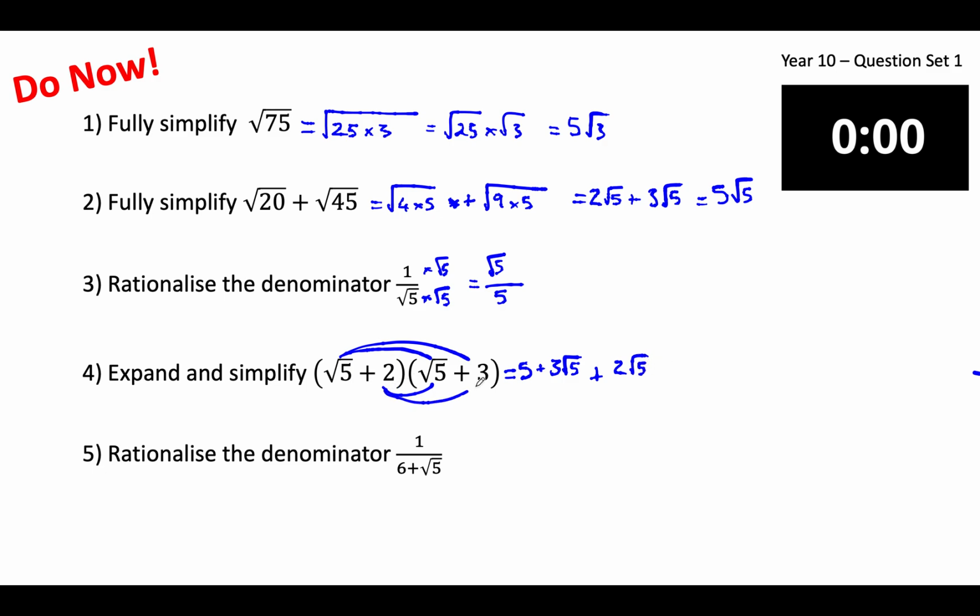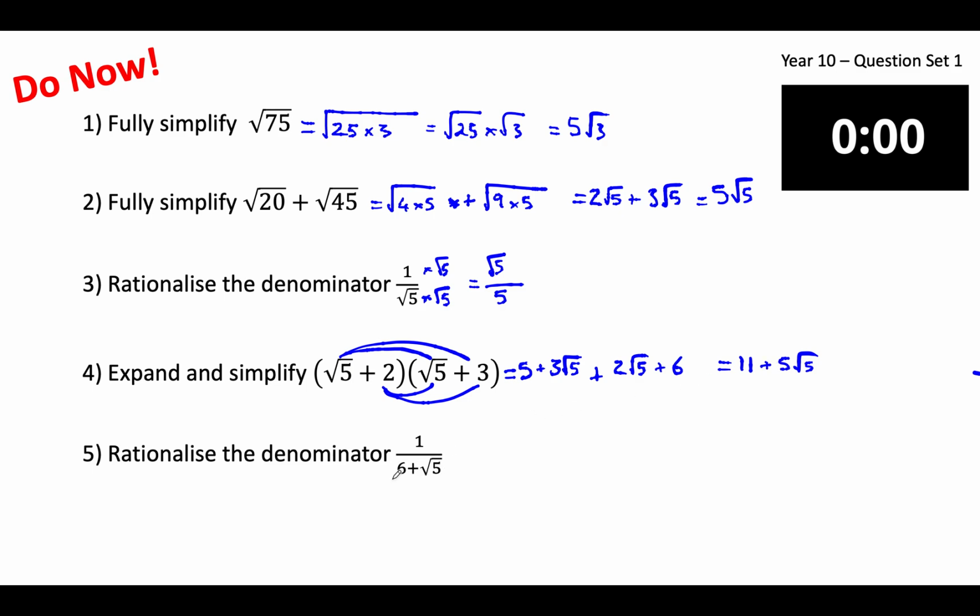And then lasts, 2 times 3 is 6. And then simplify what you can. 5 plus 6 is 11. 3 root 5 plus 2 root 5 is 5 root 5. Okay, 11 plus 5 root 5. You might have put 5 root 5 plus 11. That's also fine.